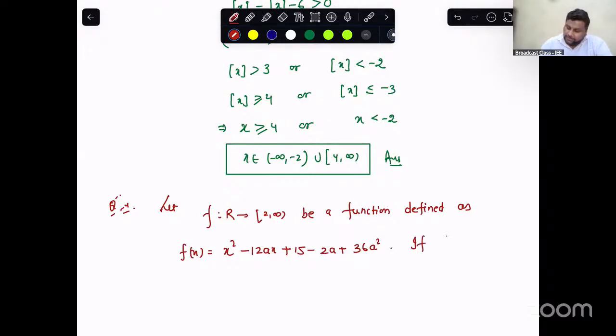Now, if fx is surjective on R, then find the value of a.